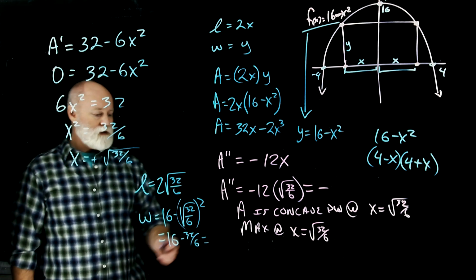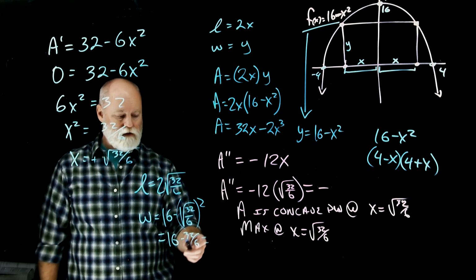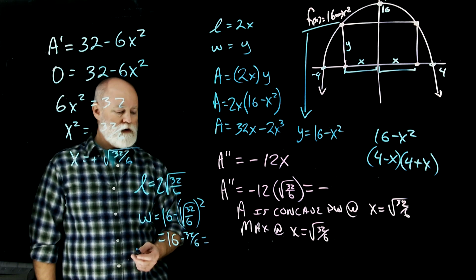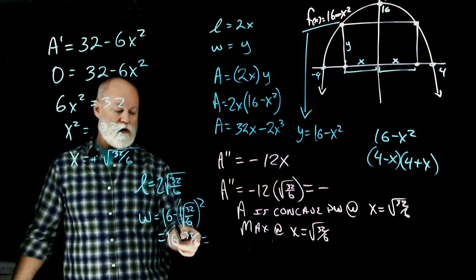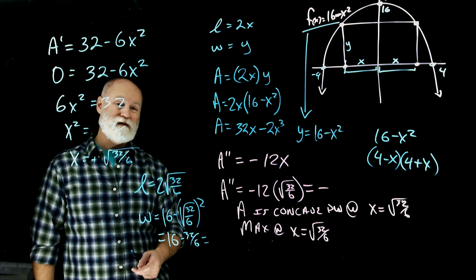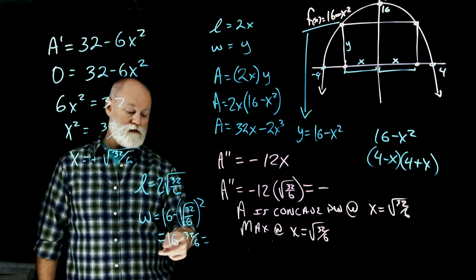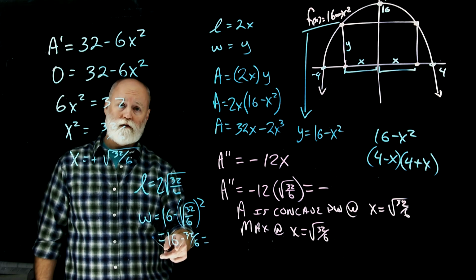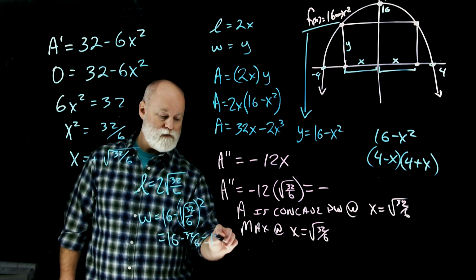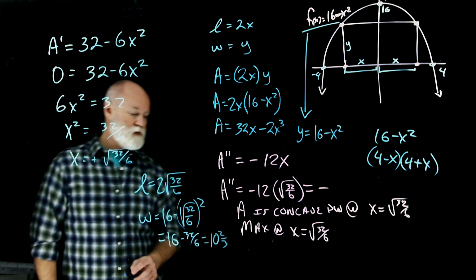All right, so that's going to give us some value there that is somewhat smaller than 16. If you wanted an approximate value here, 32 over 6, that'd be about 5 and a third. So this value right here is roughly 10 and 2/3. That's what we end up with there.